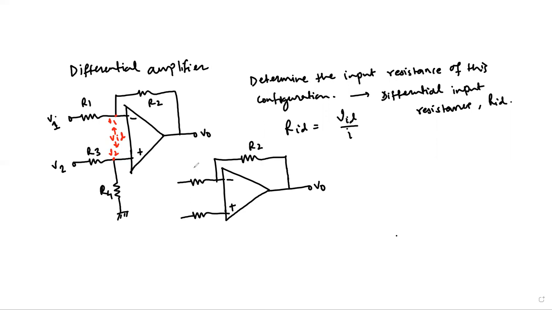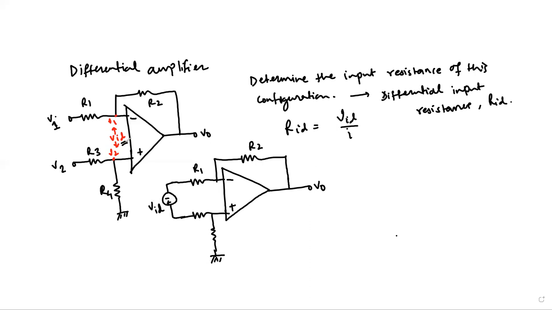We have the feedback resistors R1 and R2 in place, and these two resistors are also there. This differential voltage we can represent with a differential voltage source, and we call it VID.